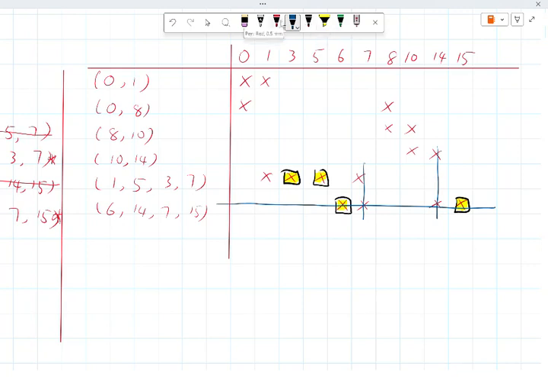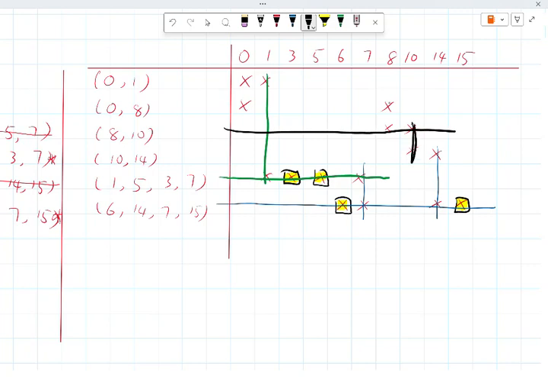I'm gonna change the color, maybe a green one. So I'm gonna cross this line, 4 of them. So this one gonna be crossed. This already been crossed. There's nothing more. Okay, and I will do another one, which is this one. So this one gonna be crossed. This one can be crossed.